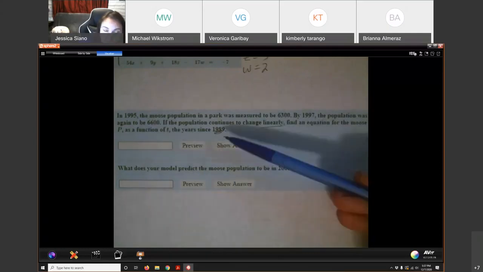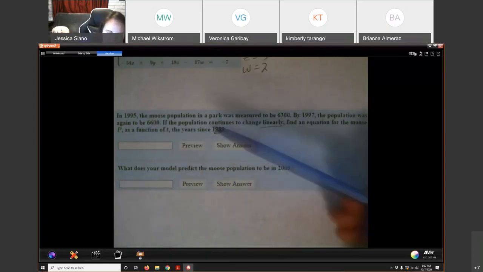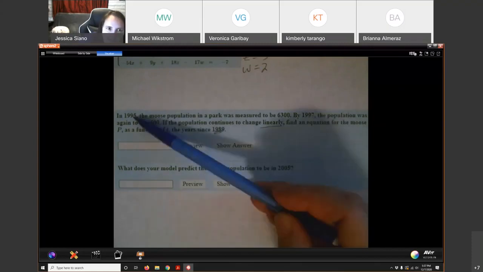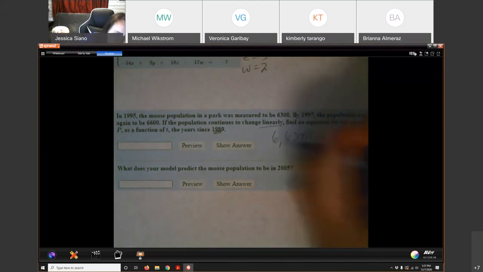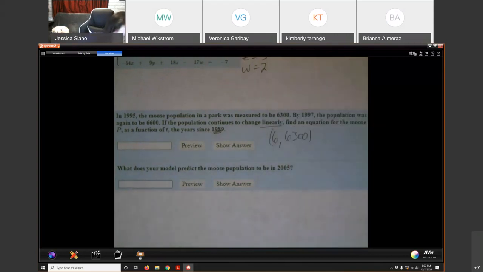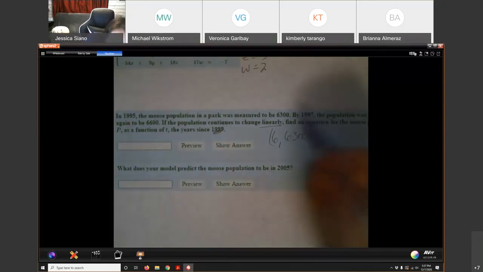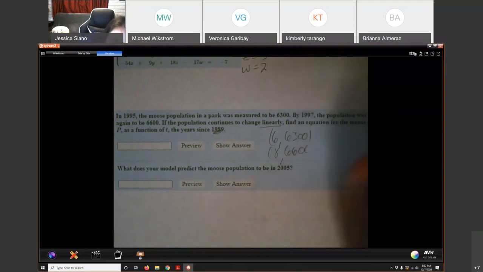So why start at 89? But whatever. If we're starting at 89, then 1995 would be 6 years later. And so 6 years later, there were 6,300 moose. And then 1997 would be 8 years later. And 8 years later, there were 6,600 moose.